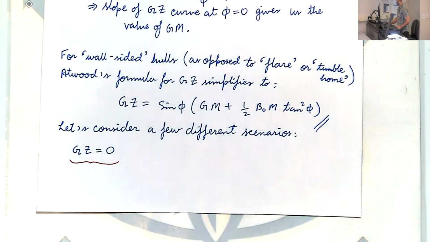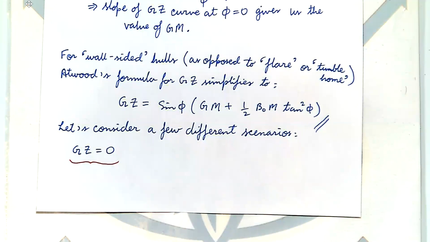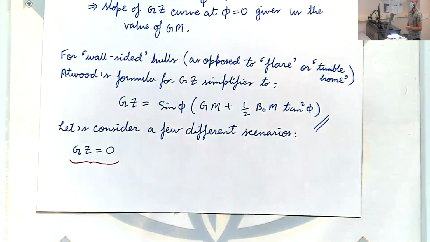There's a chat question: in what cases would this type of hull be more beneficial? Are you talking about a tumble home? Yes. I don't know. I mean, the modern hulls, the shape that we saw, that was probably for stealth.